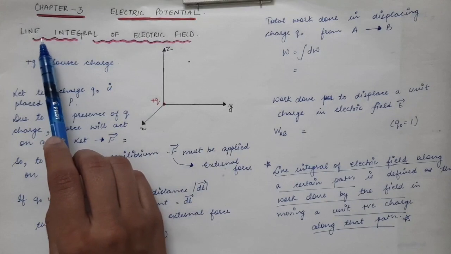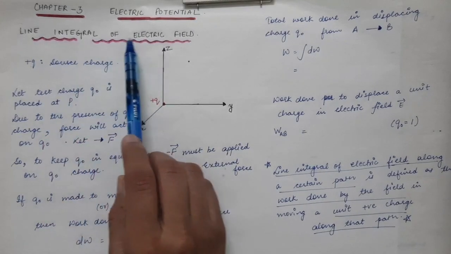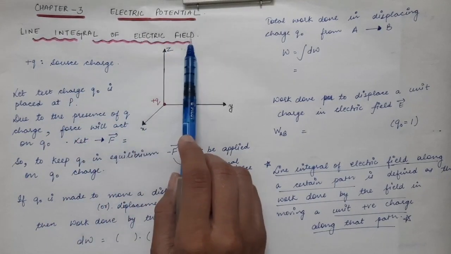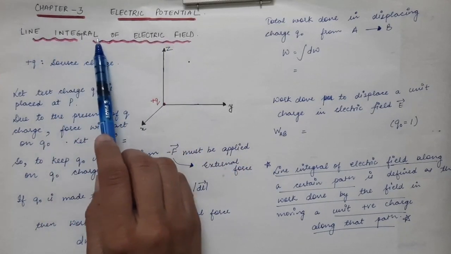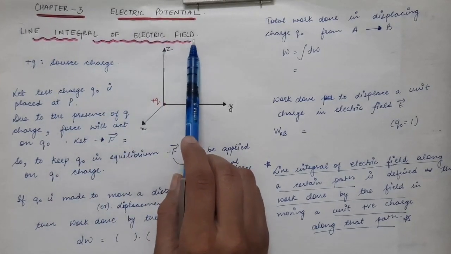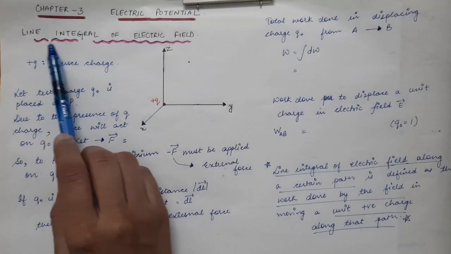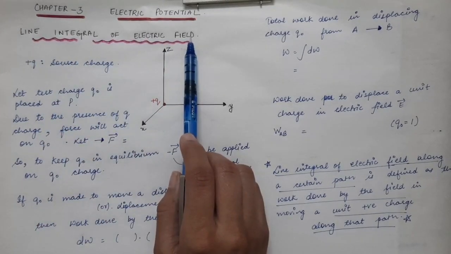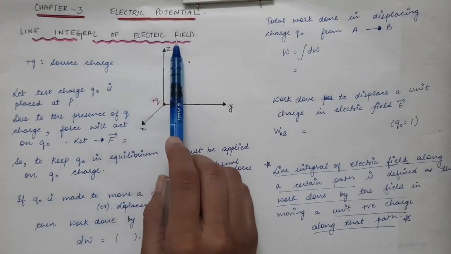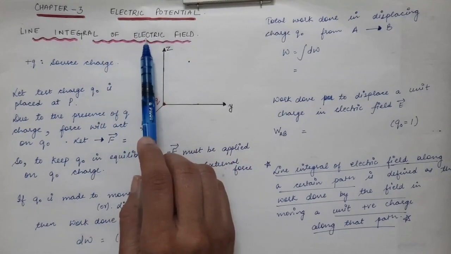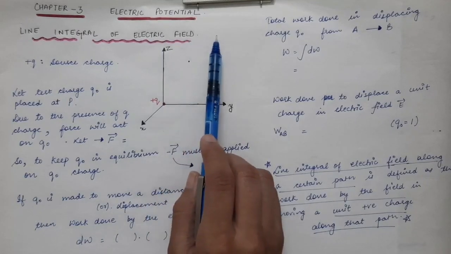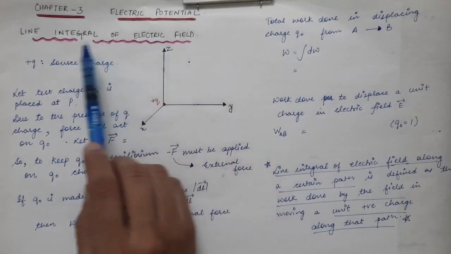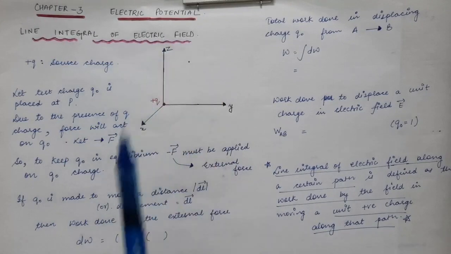First of all, we will see what is the line integral of electric field. So we are well aware of what is electric field. Now we are going to find the line integral of electric field, and we will see what it represents. What is the physical significance of the line integral of electric field?